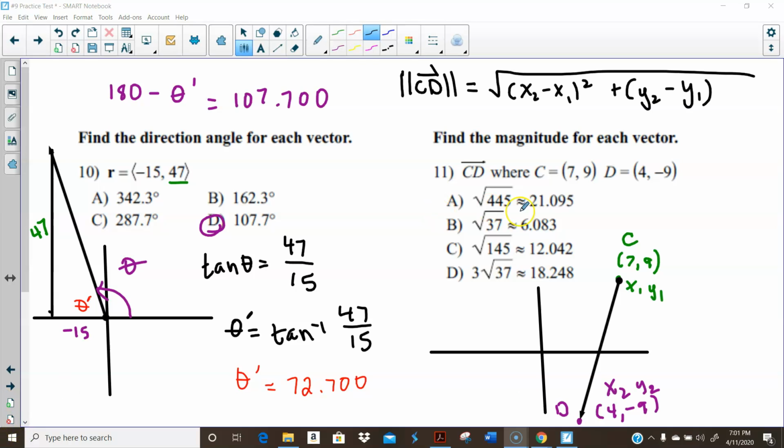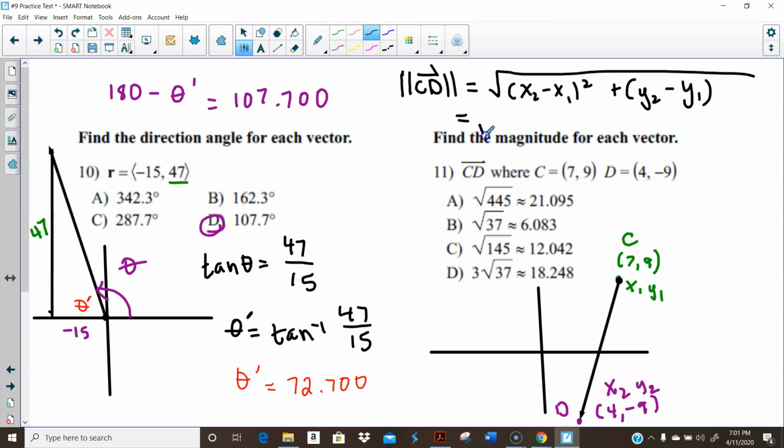The magnitude of this vector is simply the length of the vector. So this is the distance formula. The only thing you have to be careful of is x1, y1 is always your start point, and x2, y2 is always your end point, because vectors have a direction. So you have to make sure you label those properly.